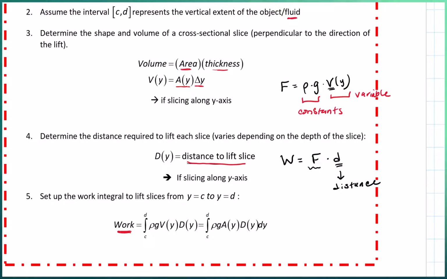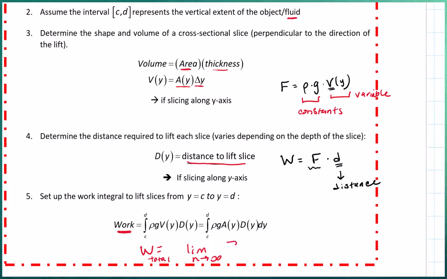Remember, we're dividing up our solid or our volume of water into n slices. We're considering the work to move each slice, then we're adding all those slices up and taking the limit as n goes to infinity. So this work is coming from a Riemann sum that turns into an integral.